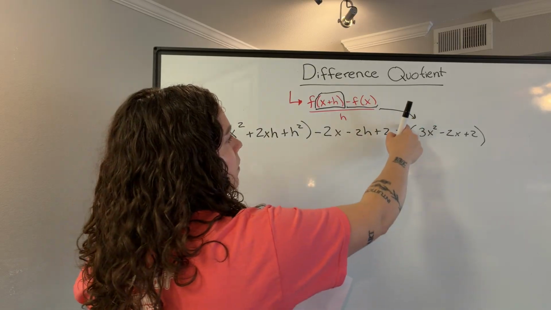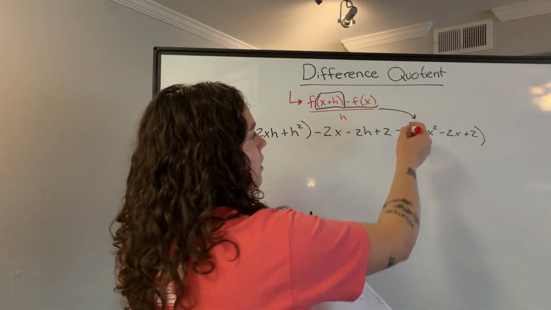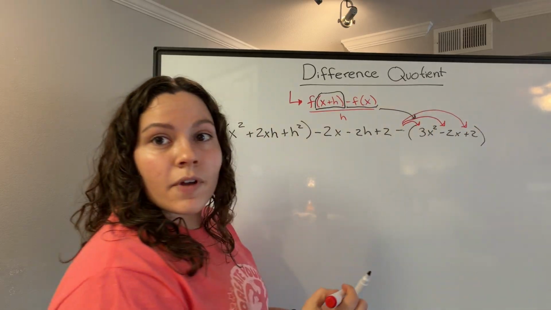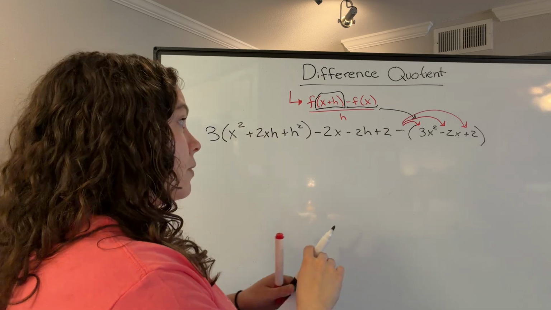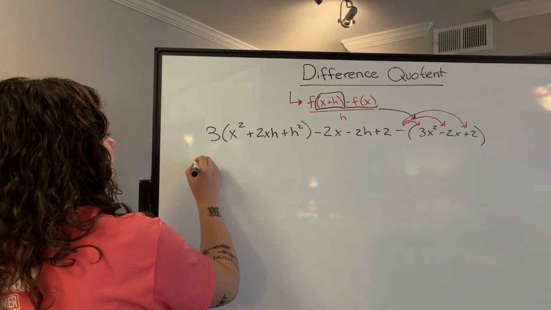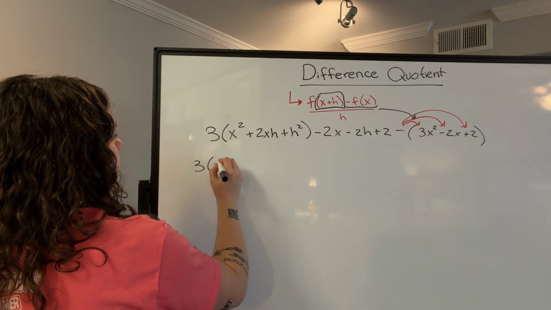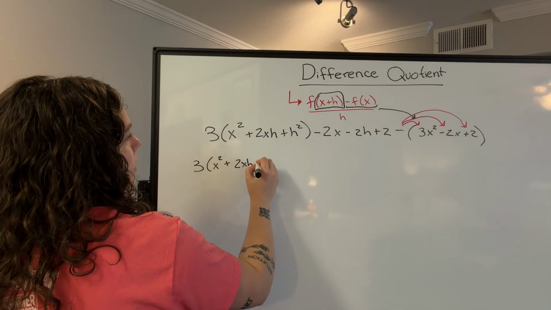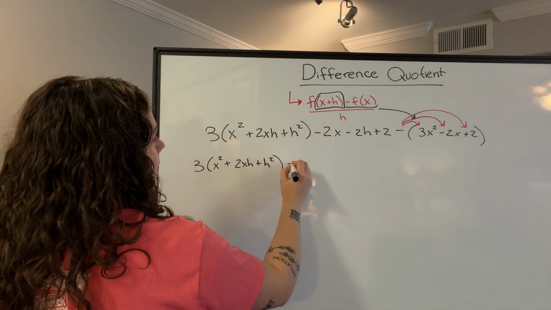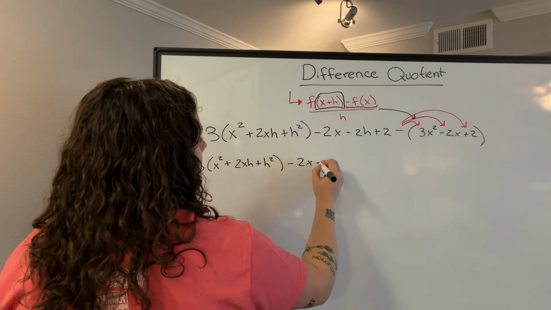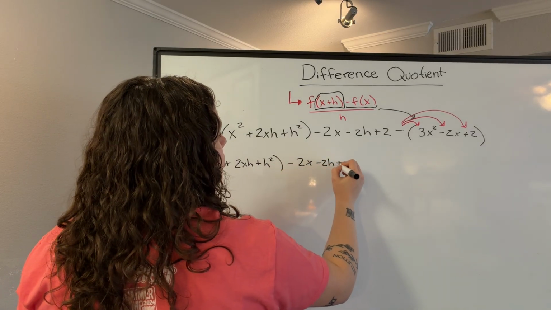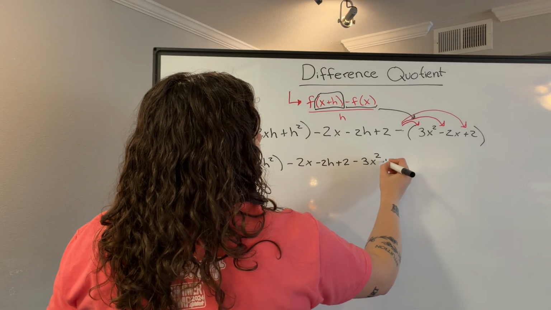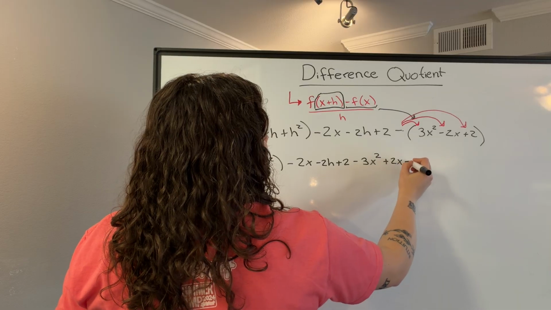So now we're going to go back. We're going to distribute this negative sign onto each term in our f of x function. So when we rewrite this entire problem, we'll get 3x squared plus 2xh plus h squared minus 2x minus 2h plus 2 minus 3x squared plus 2x minus 2.